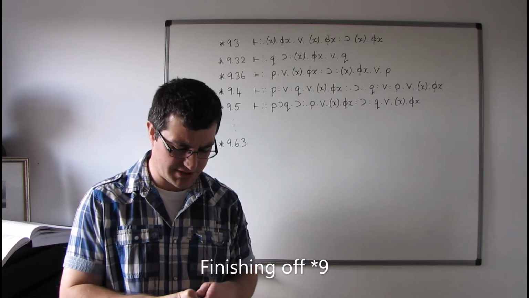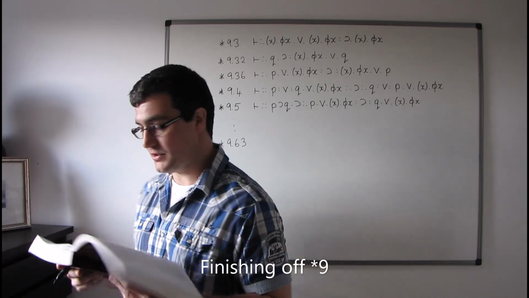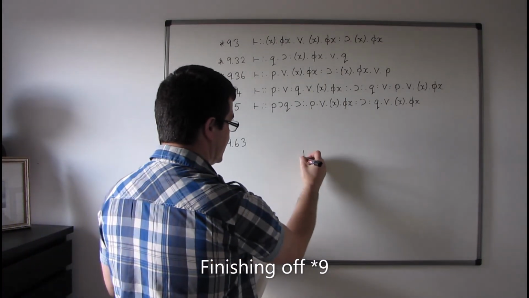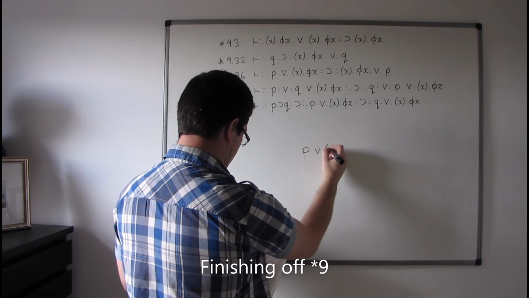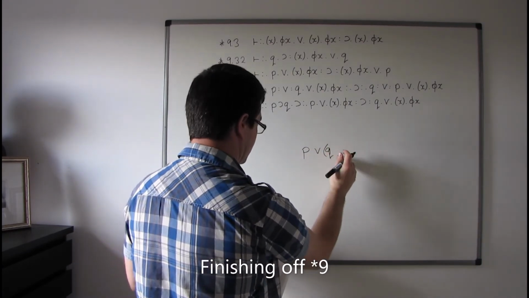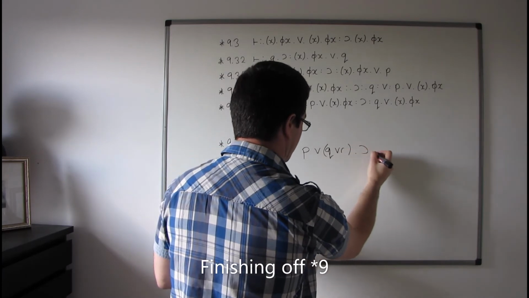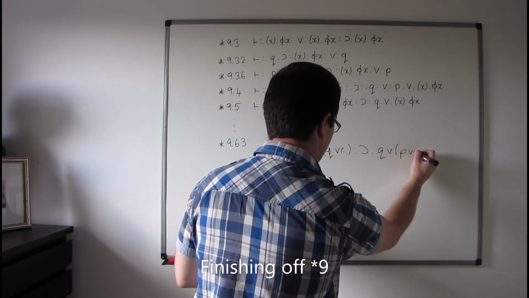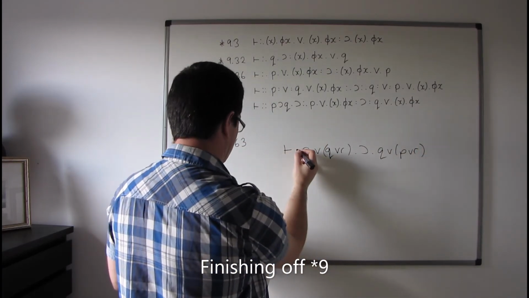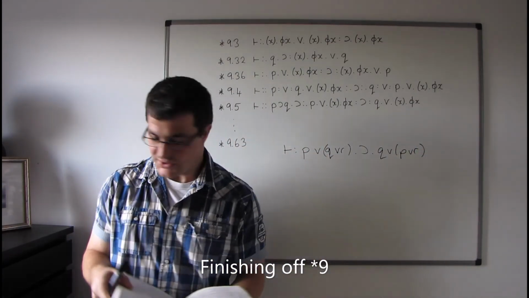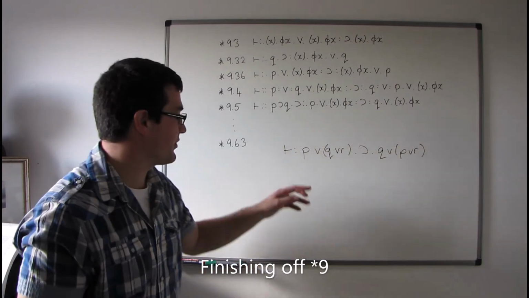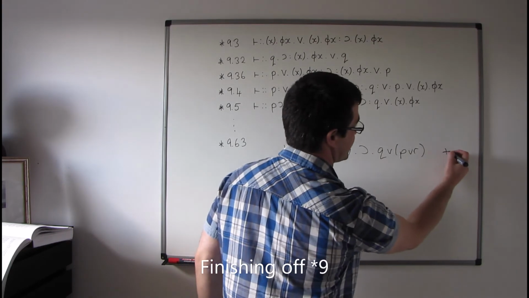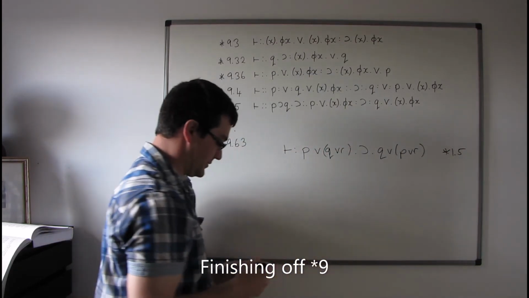So as an example, I'm just going to copy out of the book. Let's take primitive proposition 1.5, which is P or Q or R implies Q or P or R. Because we've got three elementary propositions, this is star 1.5, primitive proposition.